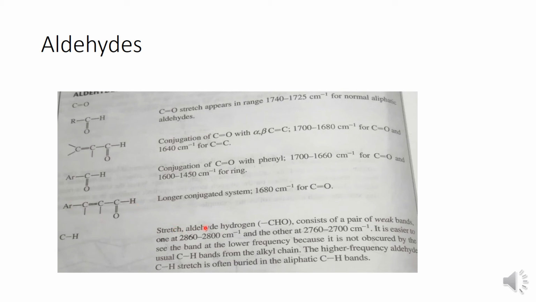A very important feature in the IR spectrum of an aldehyde is that an important doublet is observed due to the aldehydic CH stretch in the region 2850 to 2750 per centimeter, that is 2860 to 2800 per centimeter.